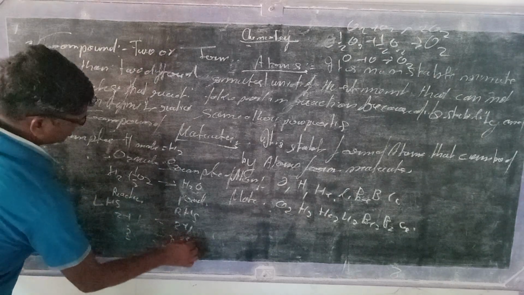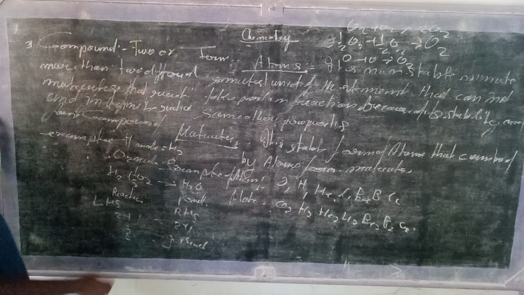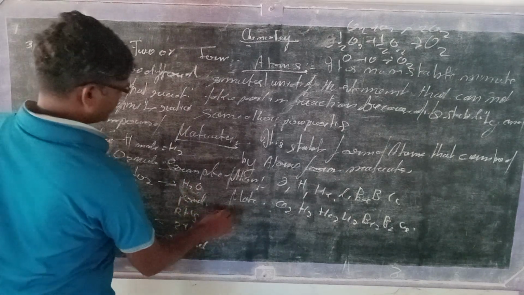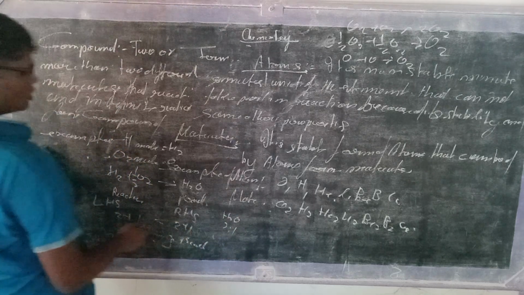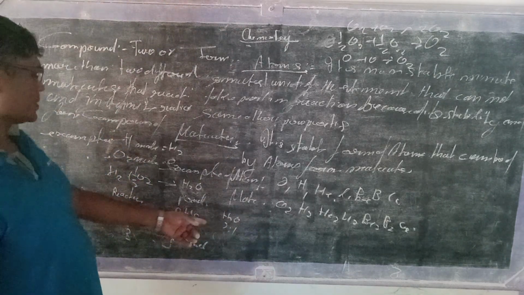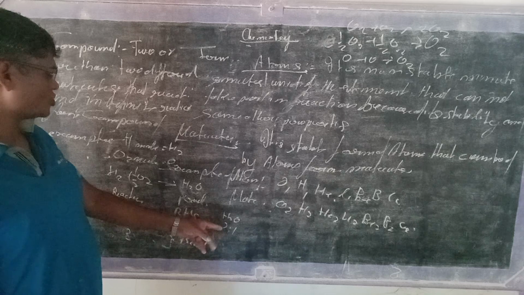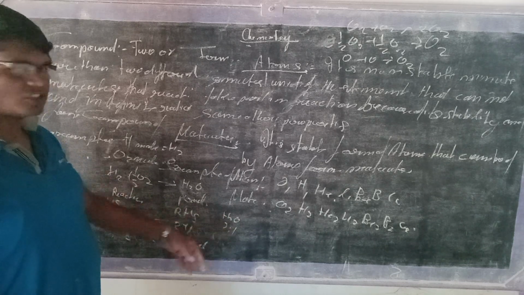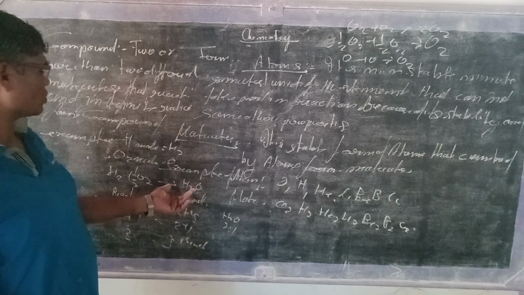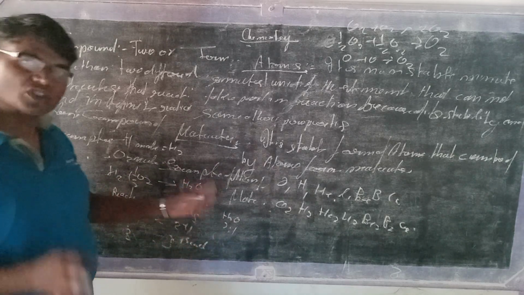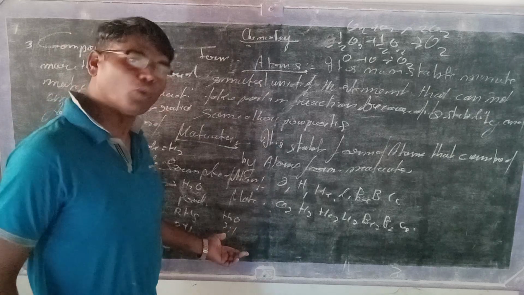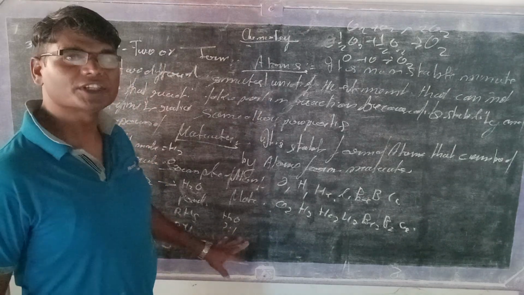So the reaction is balanced. The ratio of hydrogen and oxygen in water is always 2 to 1: 2 atoms of hydrogen and 1 atom of oxygen make the water molecule. Water compounds always form in a 2 to 1 ratio, and this 2 to 1 ratio is the definite ratio.